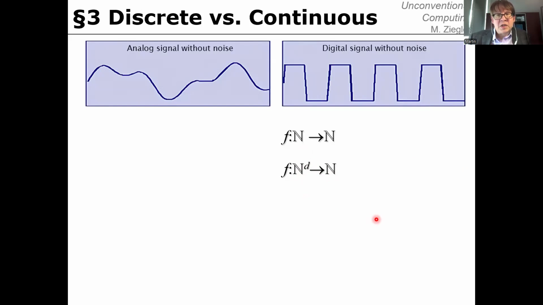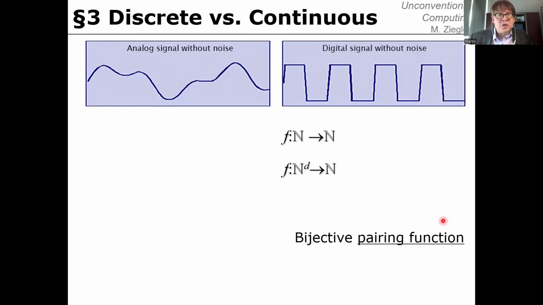Interestingly, there's not much of a difference in the discrete case between functions of one natural number or functions of several natural numbers, because there's this so-called pairing function that allows us to combine several natural numbers into one natural number.